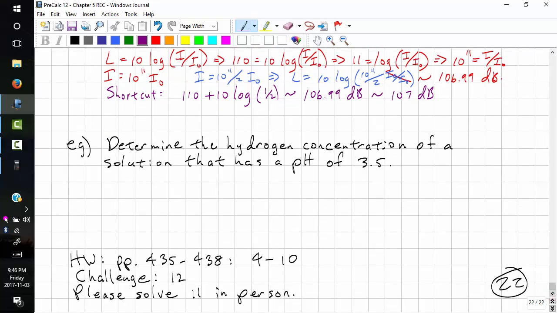And one last example. Determine the hydrogen concentration of a solution that has a pH of 3.5. Okay, so pH equals minus log H plus.